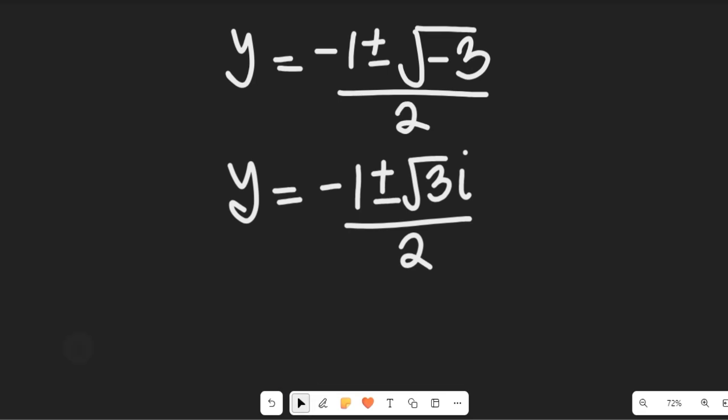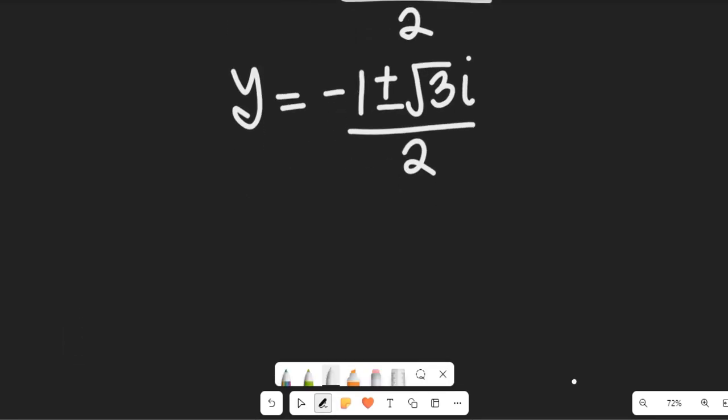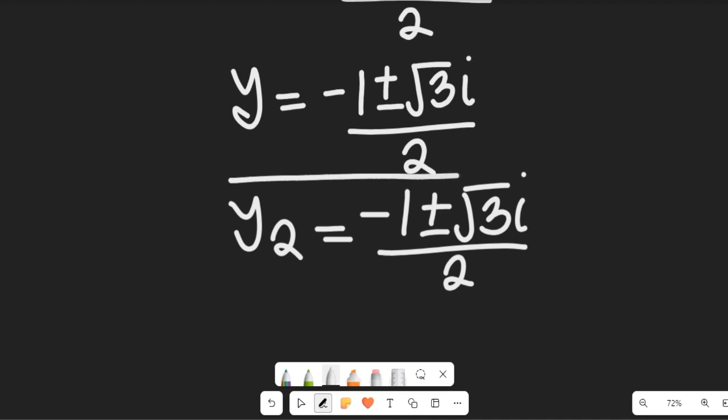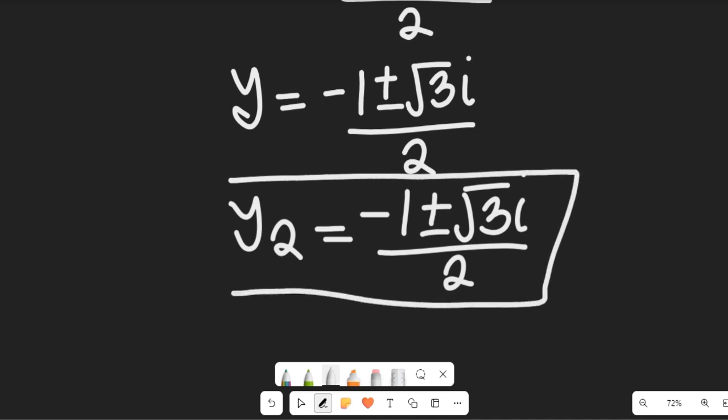Our y2 will be equal to negative 1 plus or minus the square root of 3 imaginary divided by 2. And that is the second solution, which is an imaginary solution to that expression.